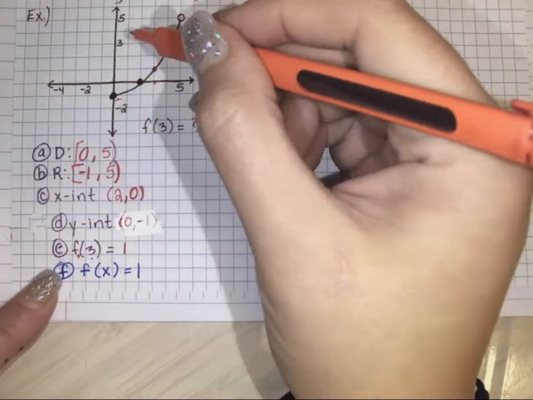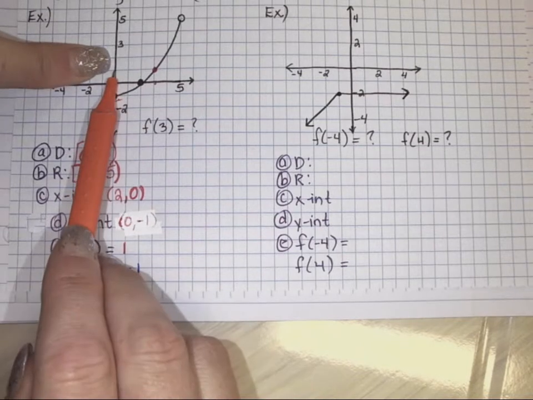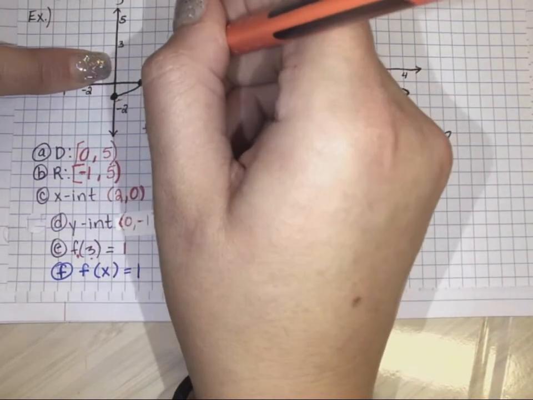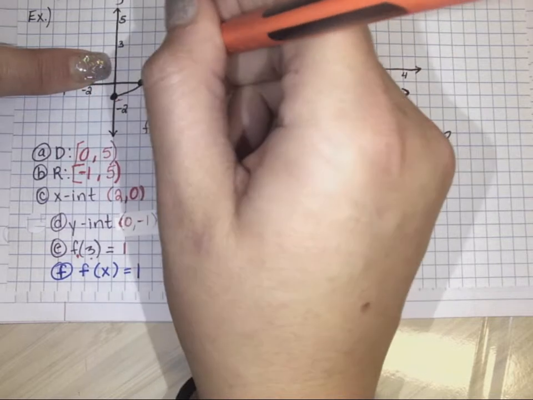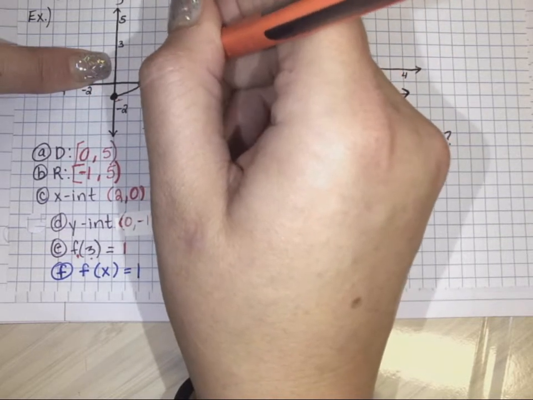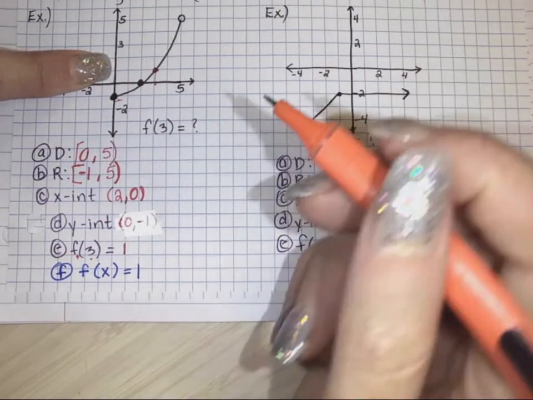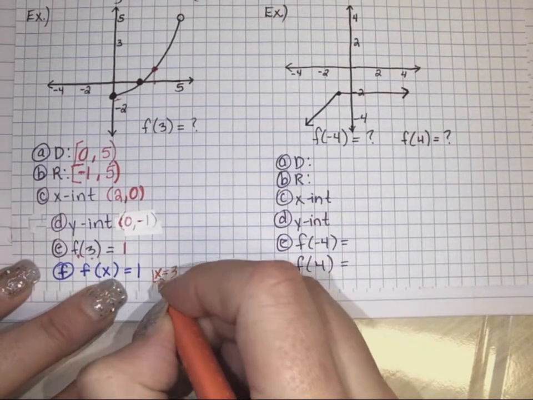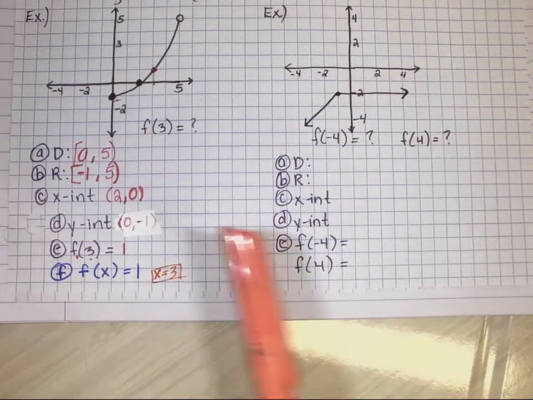So you would go to the y-axis at 1, and then you would go to your graph, wherever it's at, and then find that corresponding x, which would be 3. So x would be 3 in that case. So look out for that.